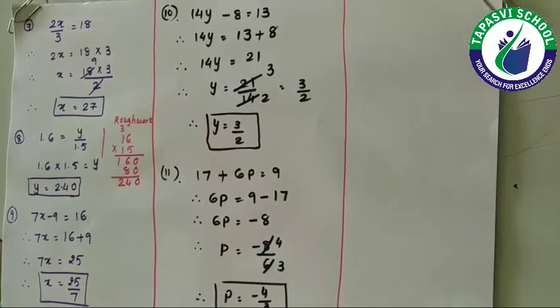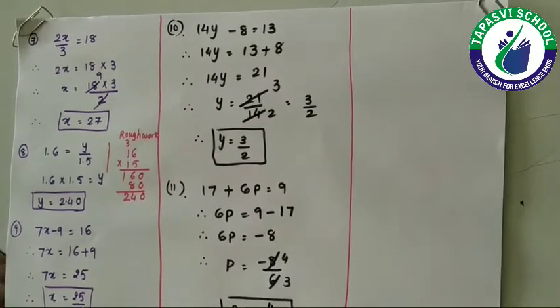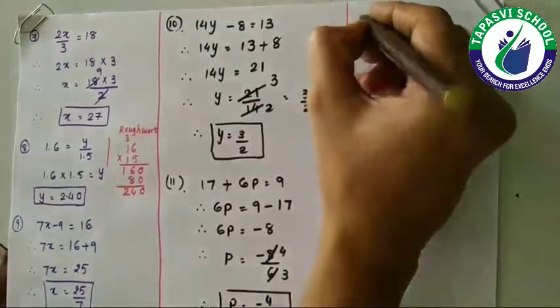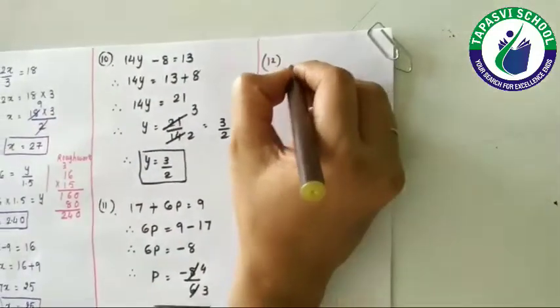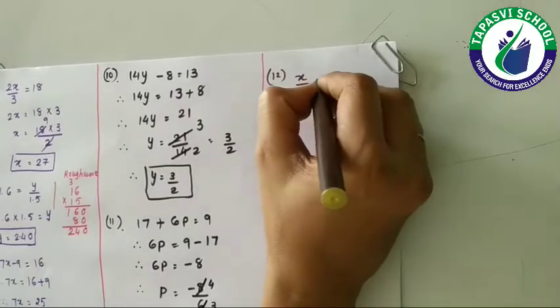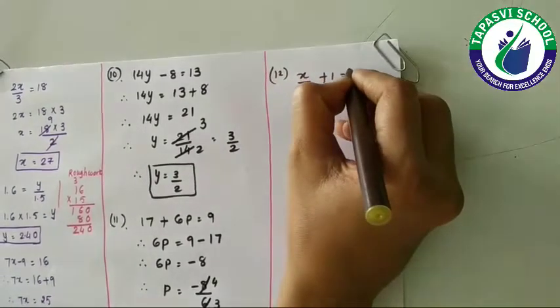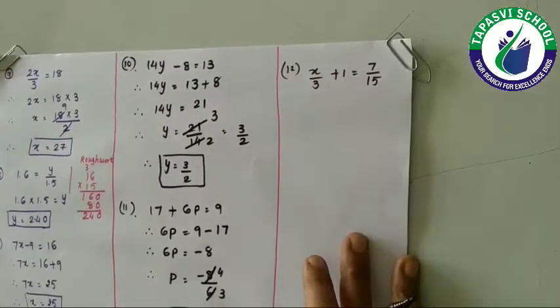And the last sum of this exercise, that is given, x upon 3 plus 1 is equal to 7 upon 15.